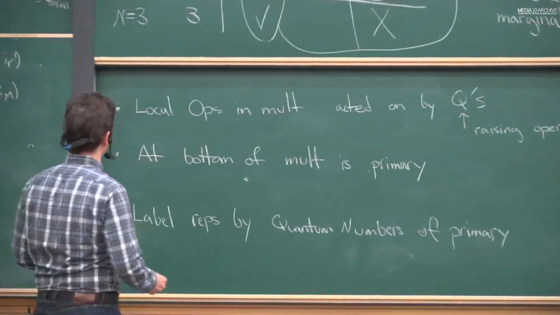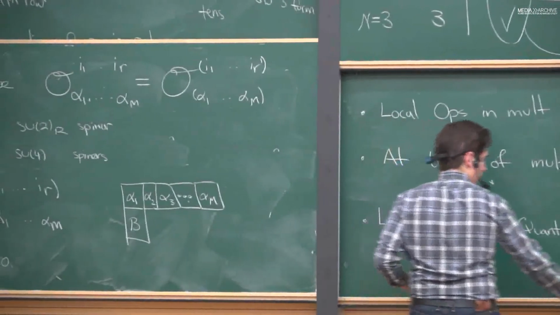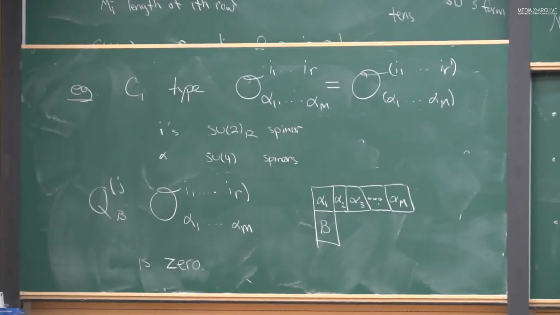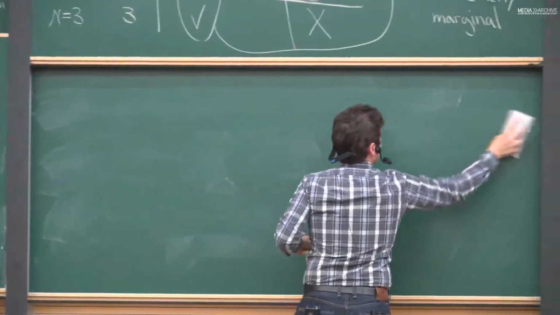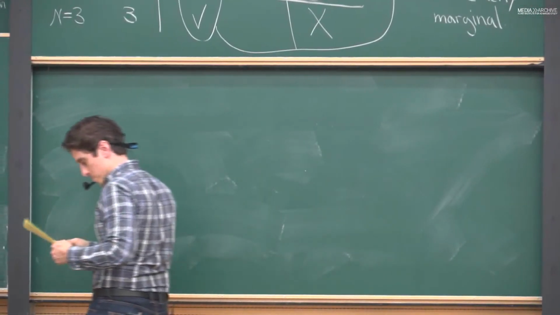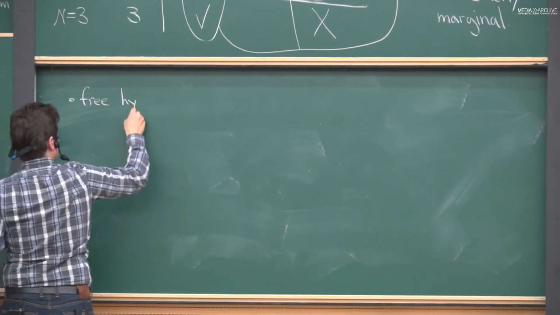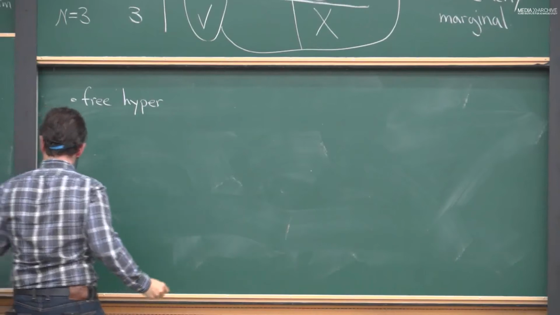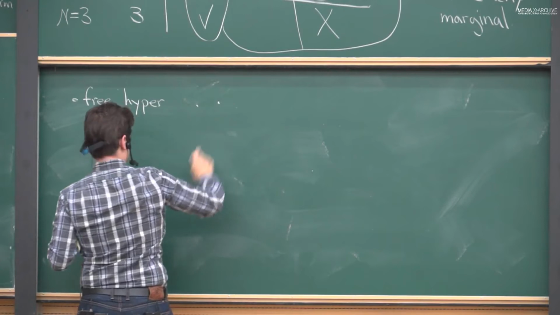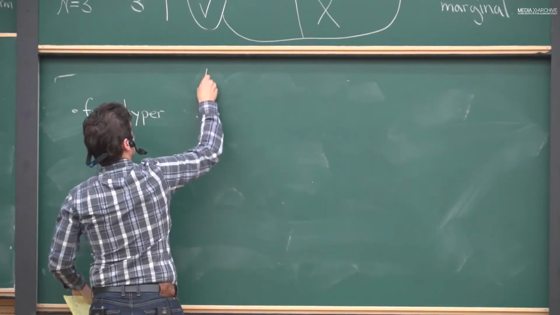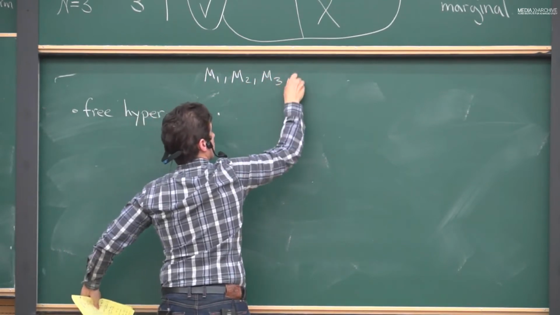Okay, let me take this moment to give some examples of things on this list that you can cook up very quickly. So, for example, the free hyper. Let me put a column here: M1, M2, M3, R, delta.